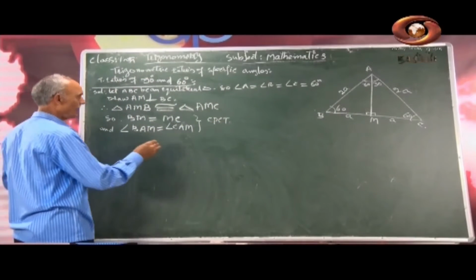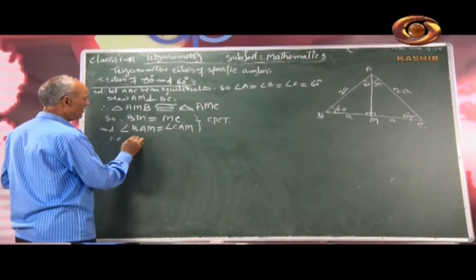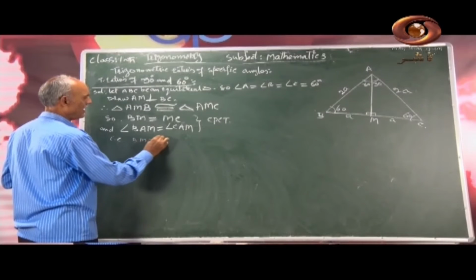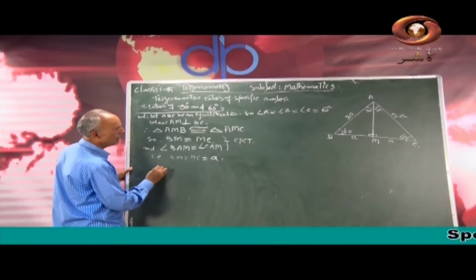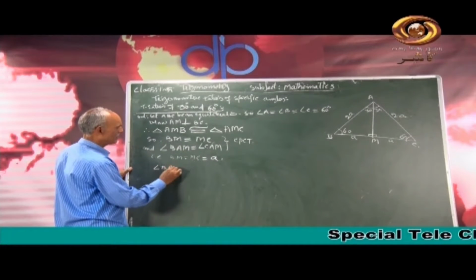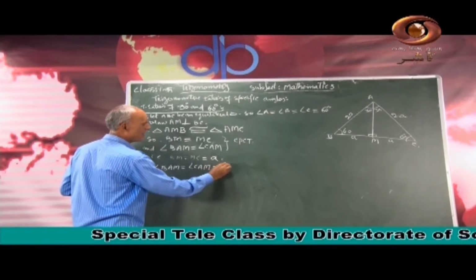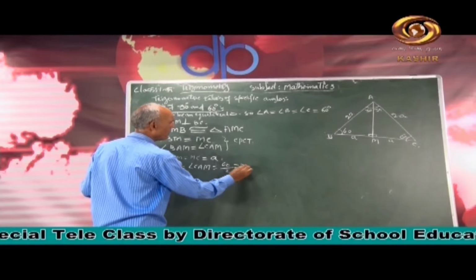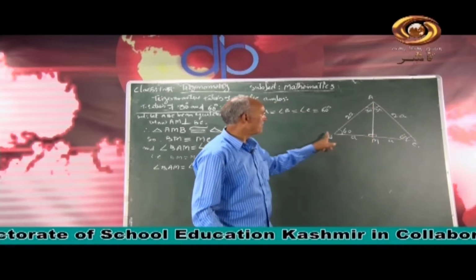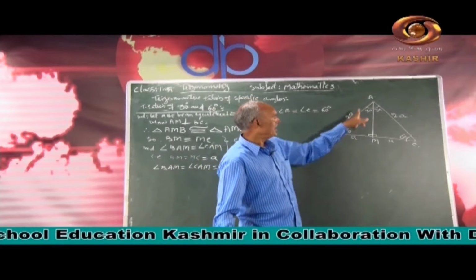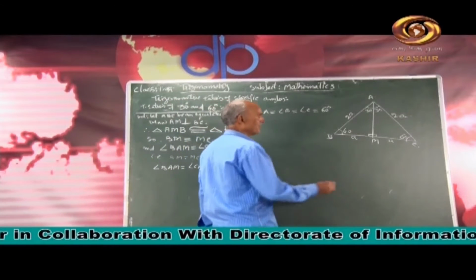So that is, BM is equal to MC is equal to a. Angle BAM is equal to angle CAM is equal to 60 by 2 is equal to 30. So firstly we proved that in this right triangle AMB, one angle is 60, another is 30, and two sides are given.